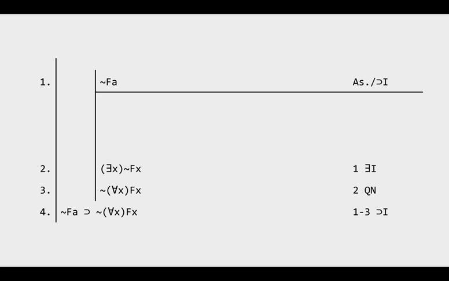Then we already know that between 2 and 3 it was quantifier negation. We just explained that. And of course, because we went from the antecedent to the consequent, we can end that subderivation, and we justify line 4 through lines 1 through 3, conditional introduction.